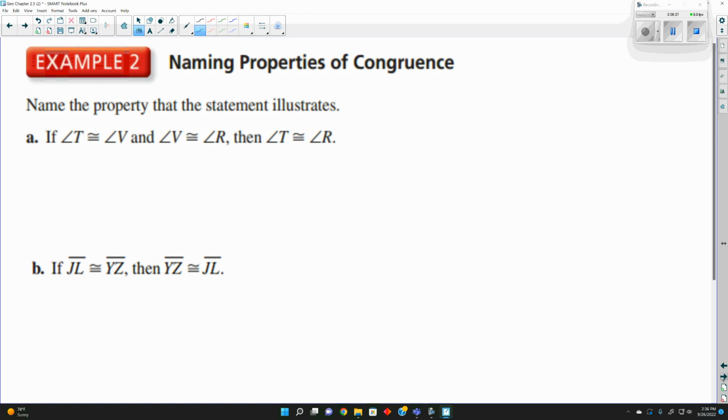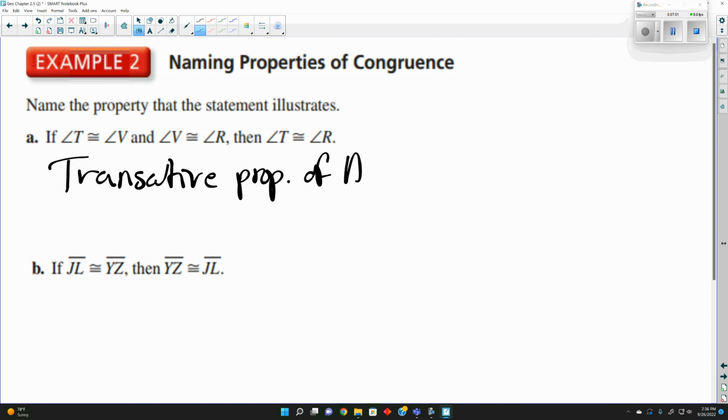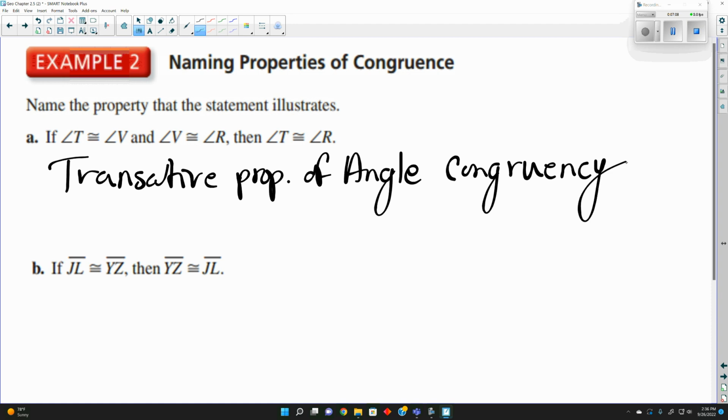So for this one here, we want to name the property that each statement illustrates. If angle T is congruent to angle V and angle V is congruent to angle R, then angle T is congruent to angle R. This would be what? Transitive property of angle congruency, or angle congruence, either one.